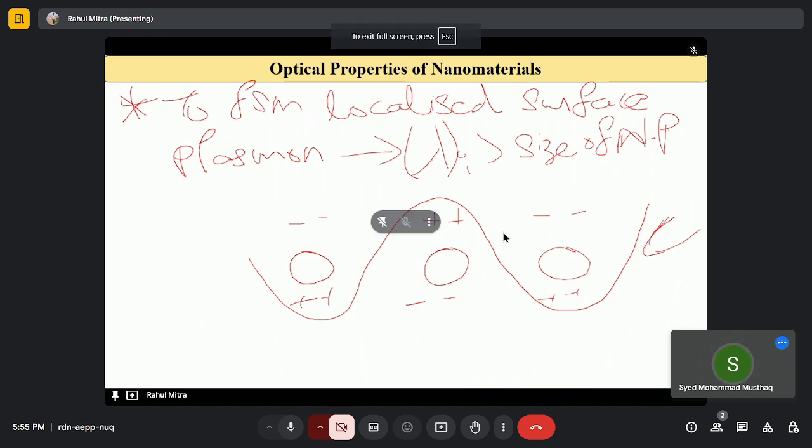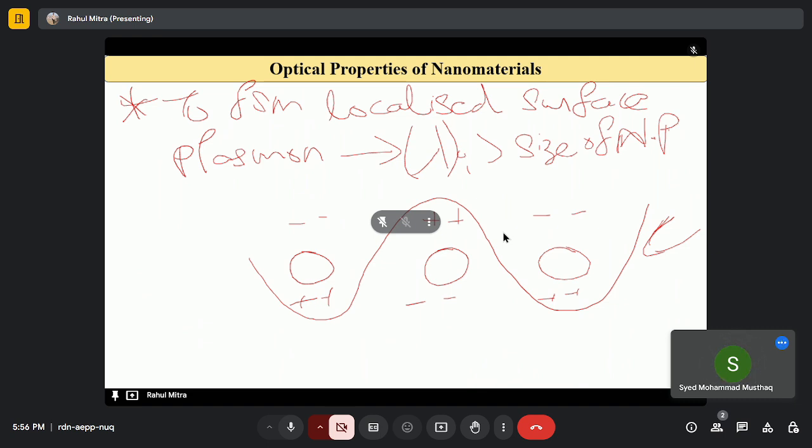I will stop here, and for the remaining properties, if sir has enough time, we can discuss the acoustic properties. There is not much about the acoustic properties of nanomaterials because acoustic waves, the sound waves, have much larger wavelengths compared to the nanomaterials.